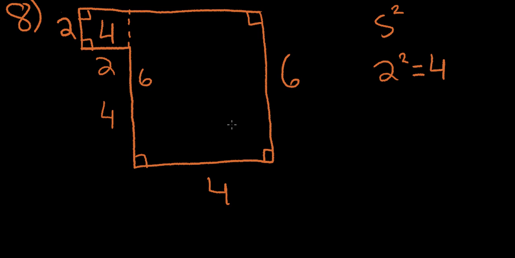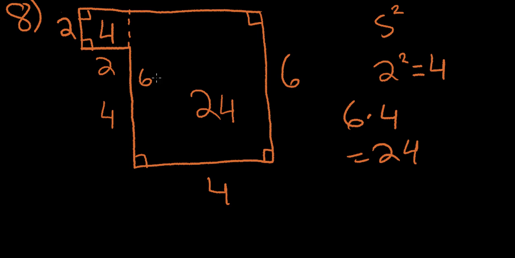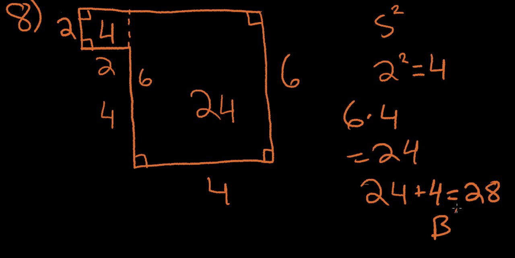So it's going to be length times width, which is 6 times 4, which is equal to 24. So the area of the rectangle is 24, and the total area is 24 plus 4, which is equal to 28. That's choice B.